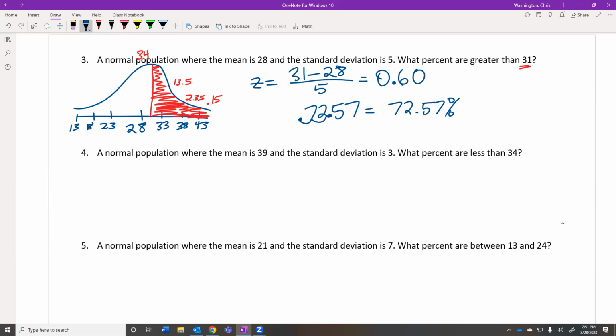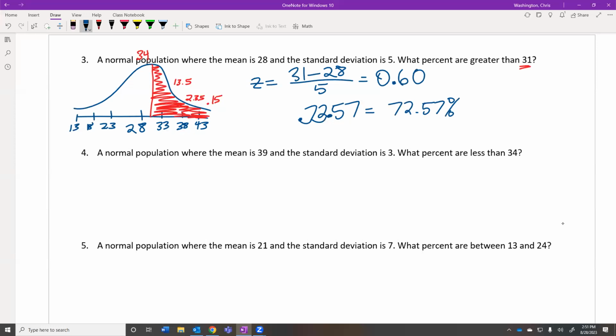But does anybody see anything wrong with that? We're trying to find the red. Is the red equal to 72.57%? No, that's the white. So what we just found, if you look at the picture on your paper, and if you also read this right here, it says the table entry, the numbers in the table for each z-score is the area.